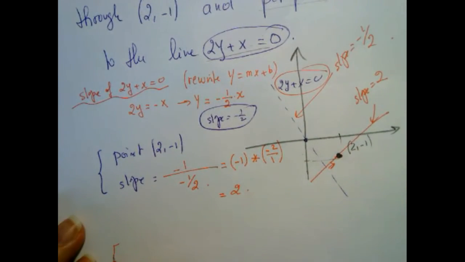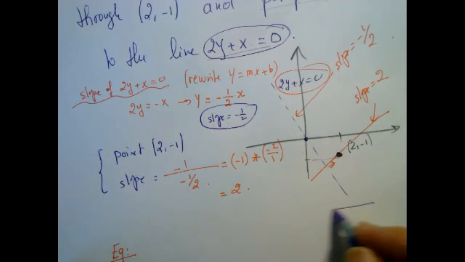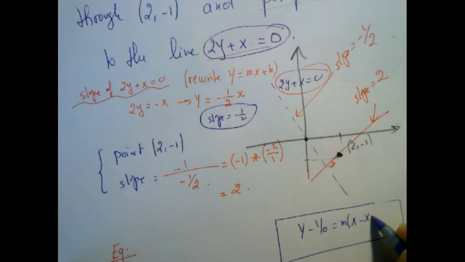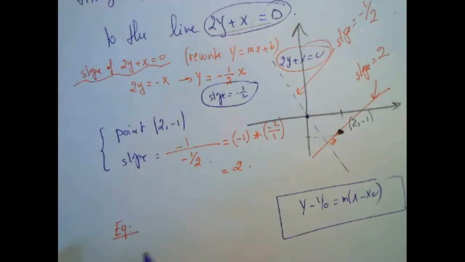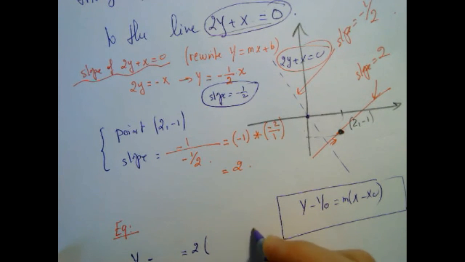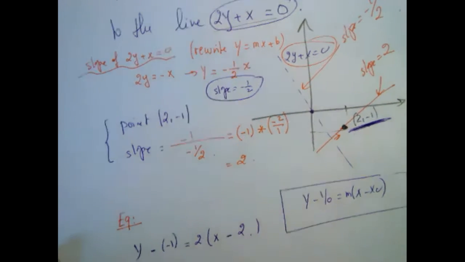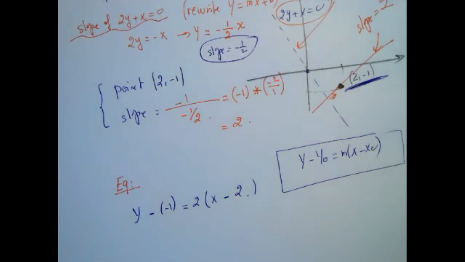And now the equation. I can use the point-slope form, and I get y minus y1 equals m times x minus x1. The point is (2, -1), so y minus minus 1 equals 2 times x minus 2.